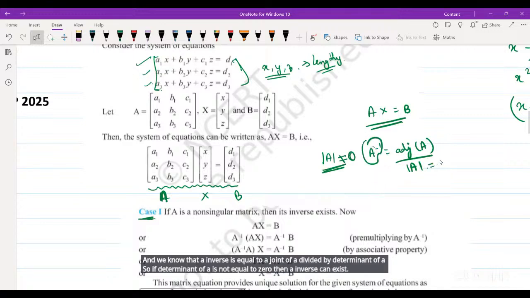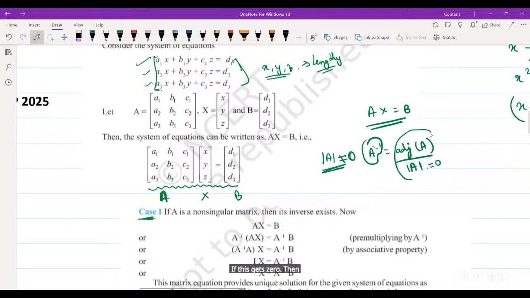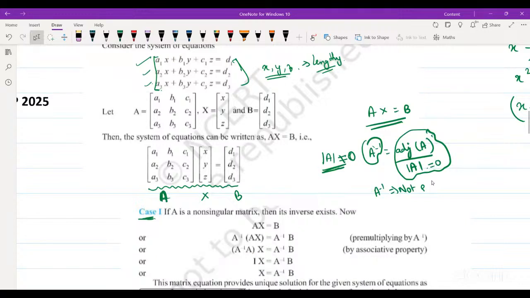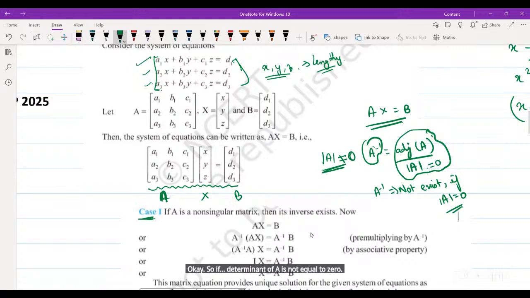If this gets 0, then this will not be defined, so A inverse will not exist. Right, people?